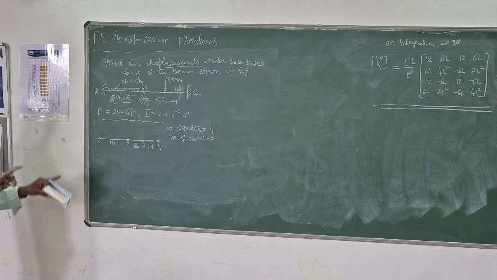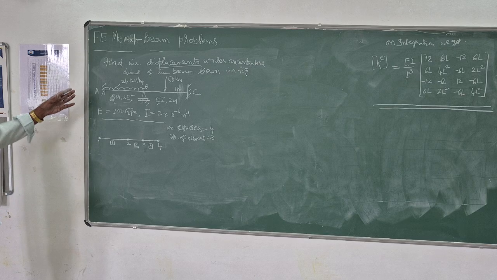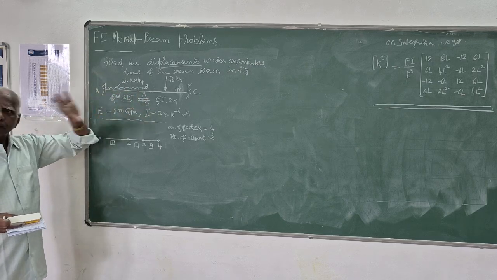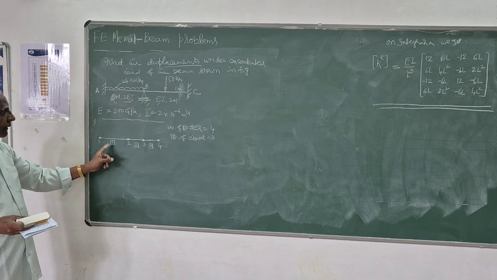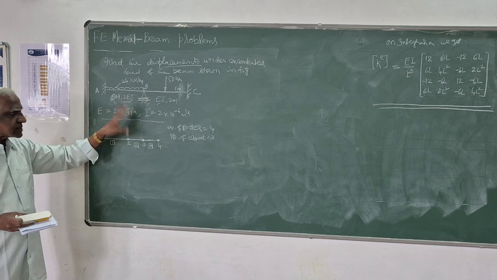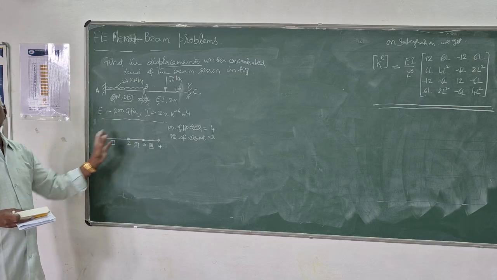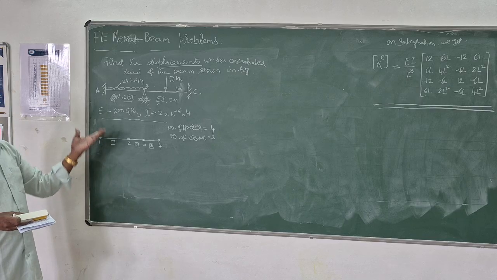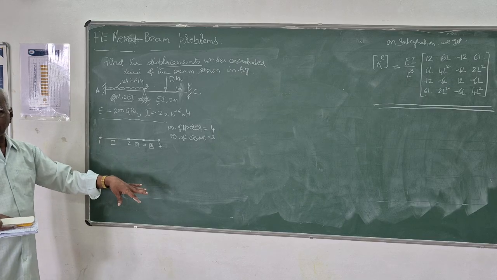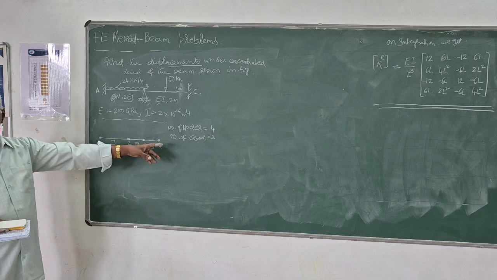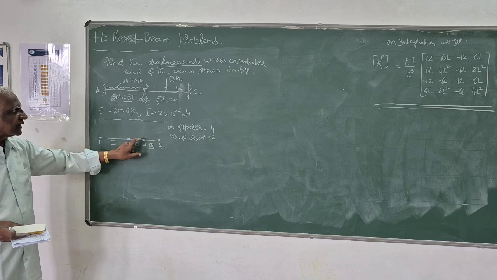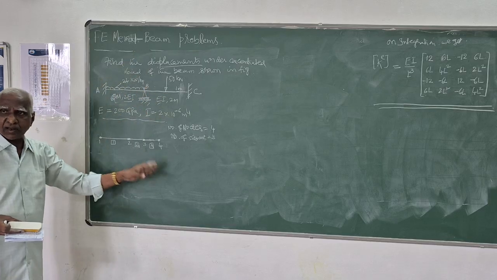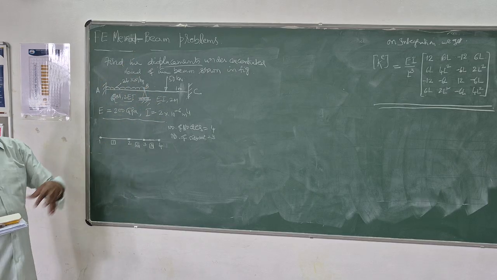Isoparametric elements means the number of nodes for unknown displacement as well as geometry are one and the same. But if the number of nodes for displacements is more than the number of nodes for geometry, then it is called a superparametric element. The other way around, it is called a subparametric element. Here it is a superparametric variety because we are selecting one more node for finding the deflection, as there is a concentrated load.